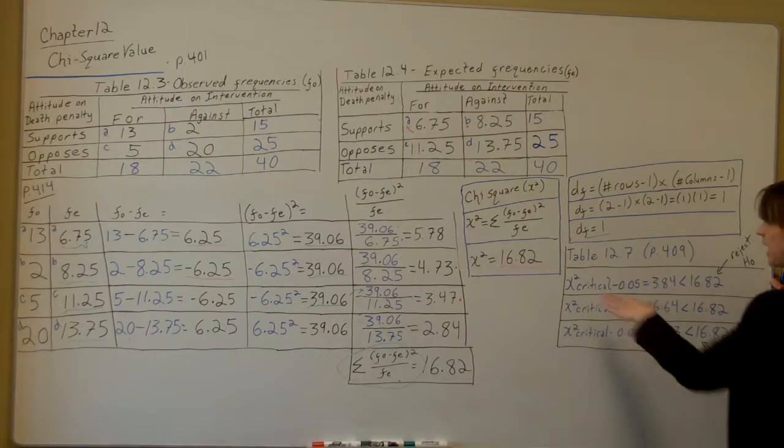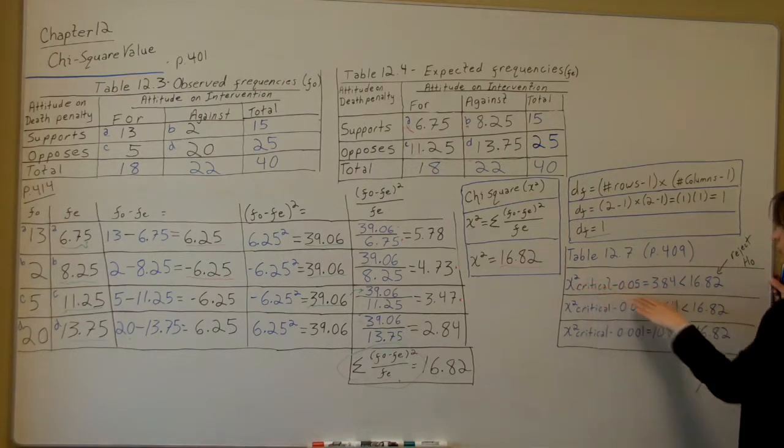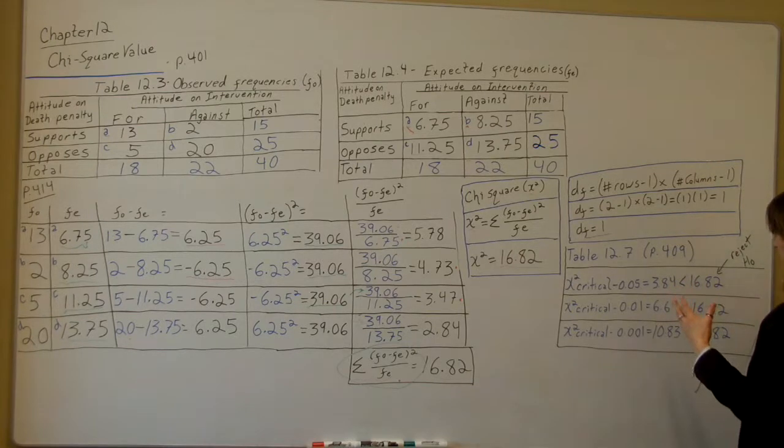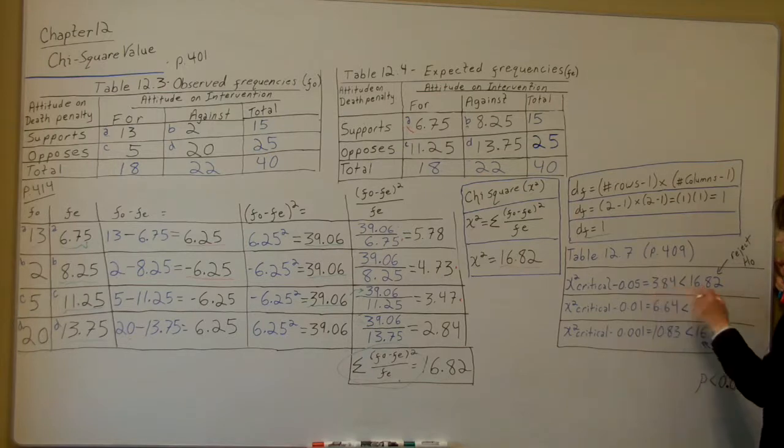So the chi-square critical for this is 3.84. Our number has to be 3.84 or larger to be able to reject the null, which of course we can.